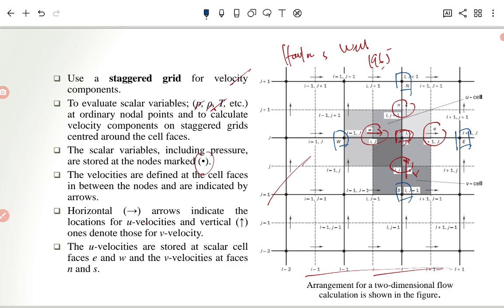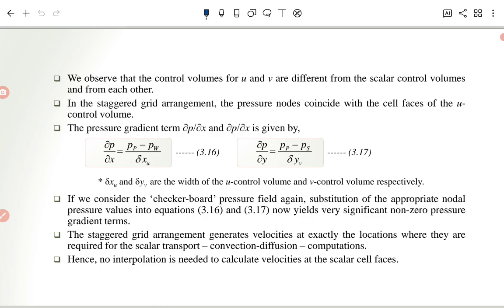Of course, in three dimensions we have other faces, top and bottom. And in the staggered grid, the pressure nodes coincide with the cell faces of the u control volume. The pressure gradient dp/dx is given by this one, and likewise for the pressure gradient in x and y.